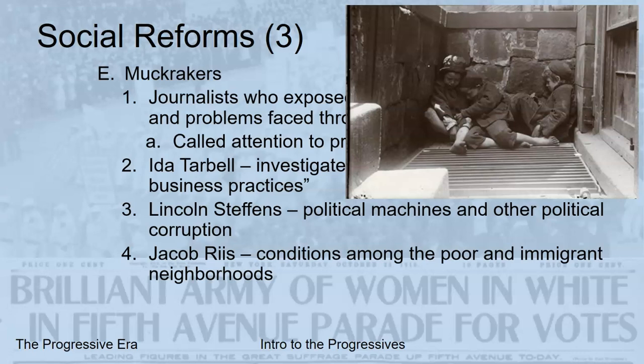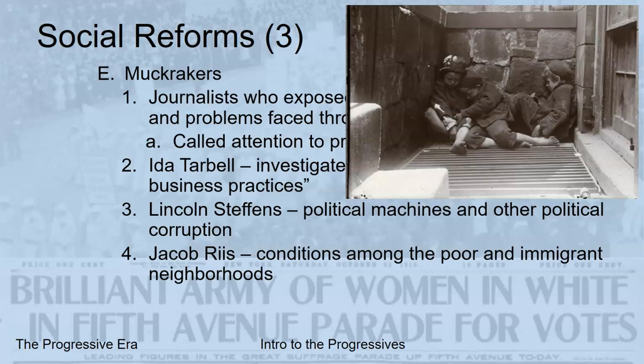And he went into their neighborhoods and he took pictures and said, these are the places they can live. These are the only places they can live. This is not their fault. Okay? And so if you think of the idea, social Darwinism, the poor are poor because it's their fault.